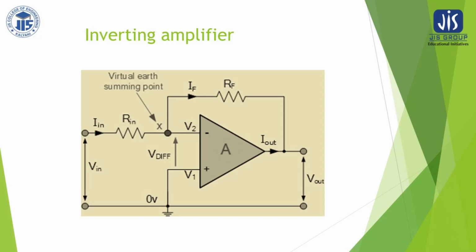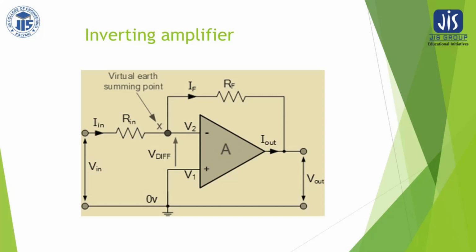So therefore at this point if we take KCL, current entering here is 0. So therefore current entering to RF and current entering to this VI input voltage terminal, we can take their summation, which is equal to 0.